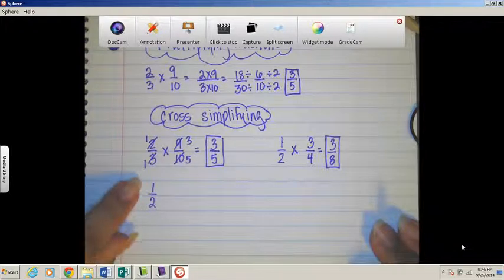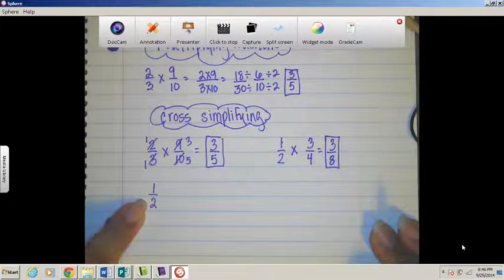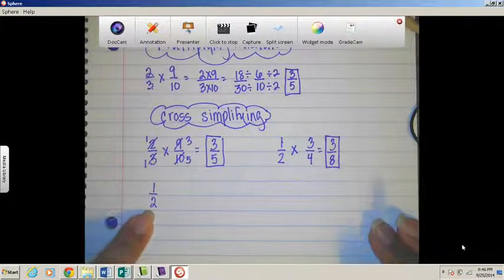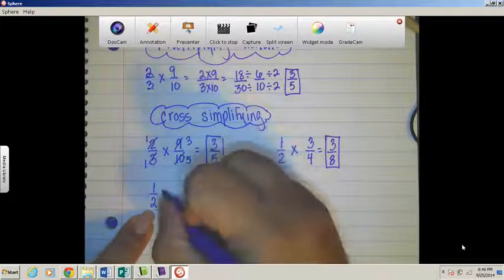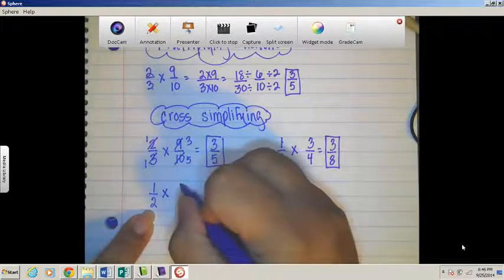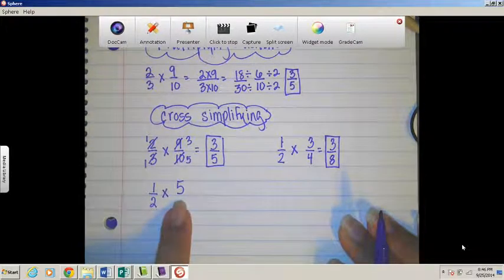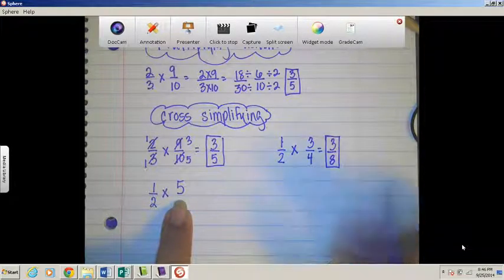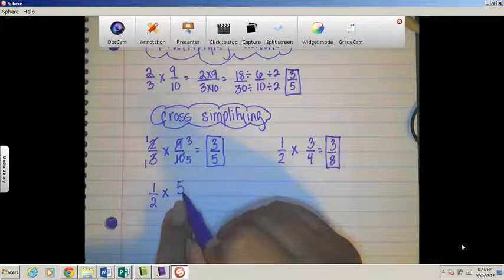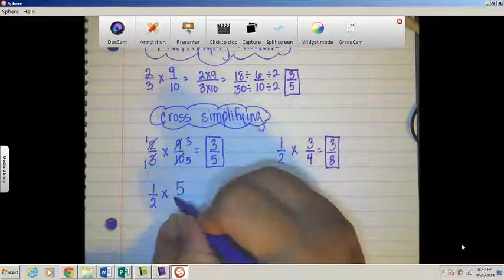Remember that each book is 1/2 an inch, and I have 5 books. So 1/2 times 5. When I'm multiplying by a whole number or a mixed number, I need to convert it to an improper fraction. In order to make this whole number into an improper fraction, I would make the denominator a 1.